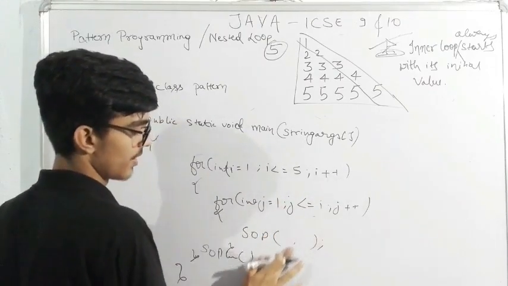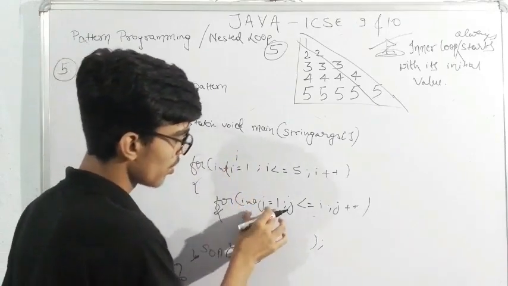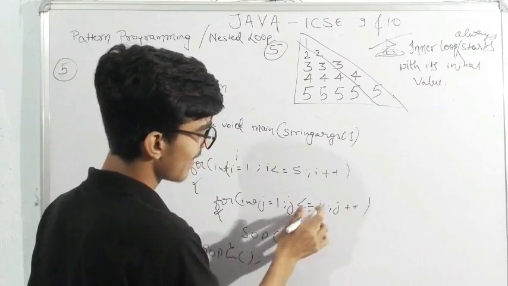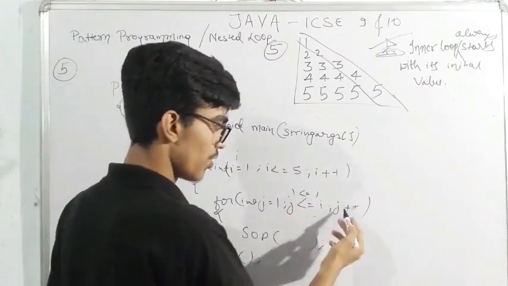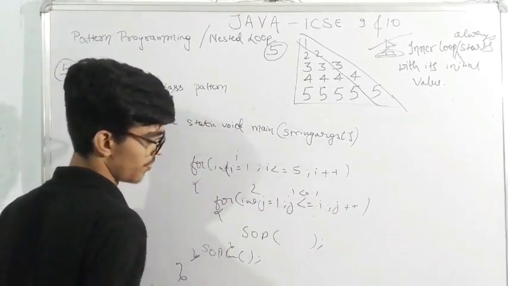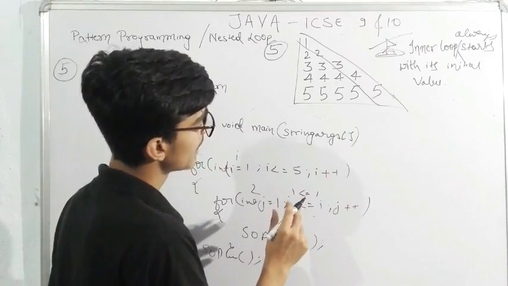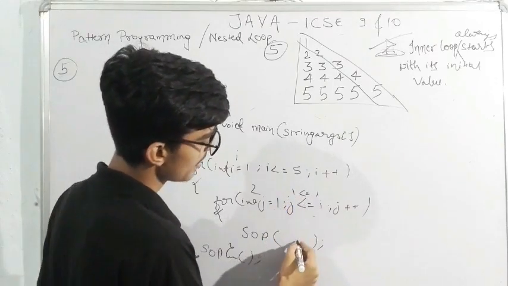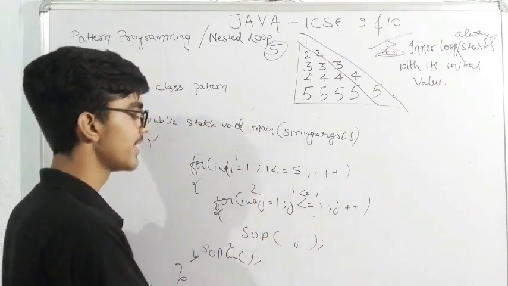I is 1 for this, so now j is 1, j is less than or equal to I, 1 is less than or equal to 1, yes, true. So j plus plus, j will become 2. Now what will print? We can print j here now, but in the second condition we will see how we cannot do this.